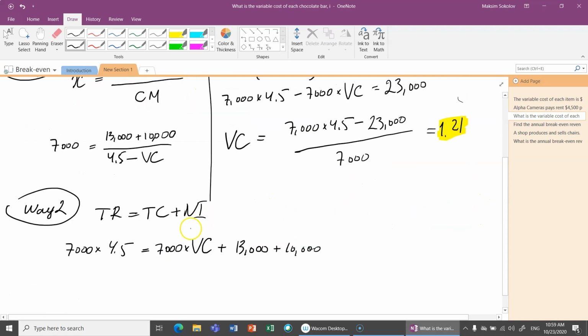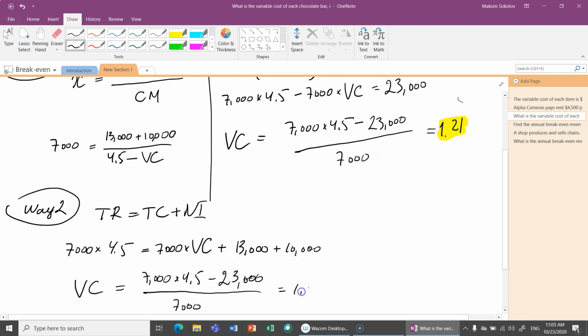Now we need to solve for this VC. VC is (7,000 times 4.5 minus 23,000) divided by 7,000. And you can see that it's exactly what we already did.